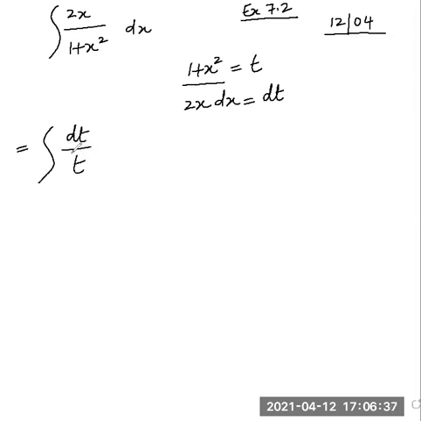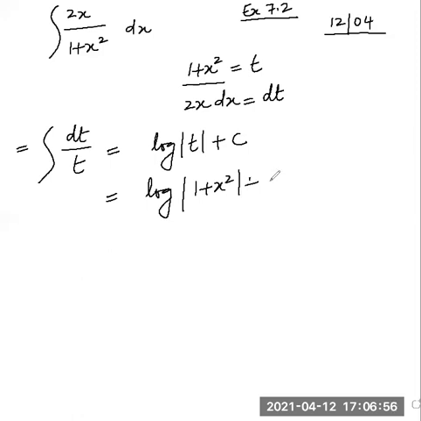Very simple. This is log of t plus c, the constant of integration. Now replace back what t was. t was 1 plus x squared, so log of 1 plus x squared plus c. Beautiful. That's great.